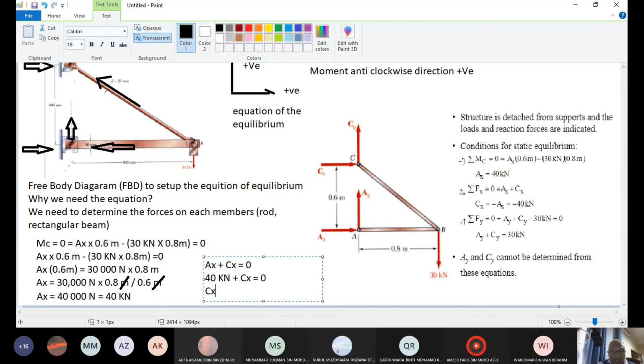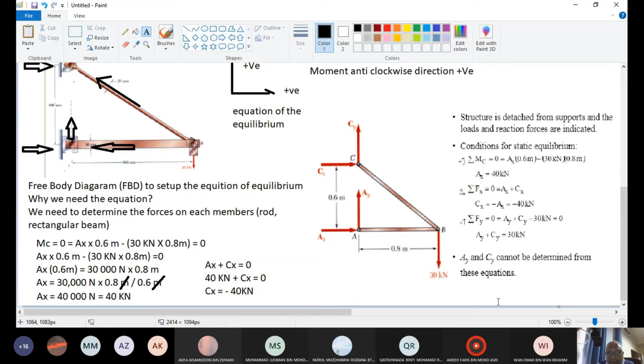Now we have Cx equal minus 40 kilonewton.